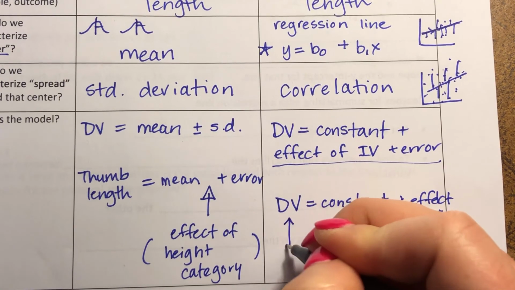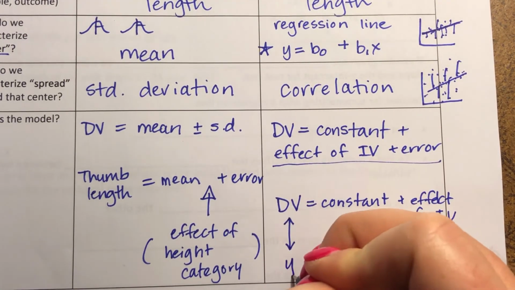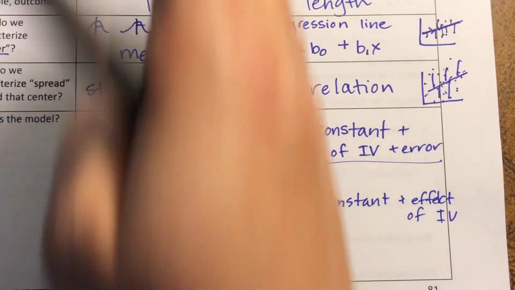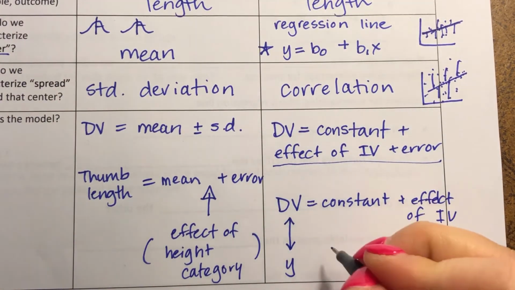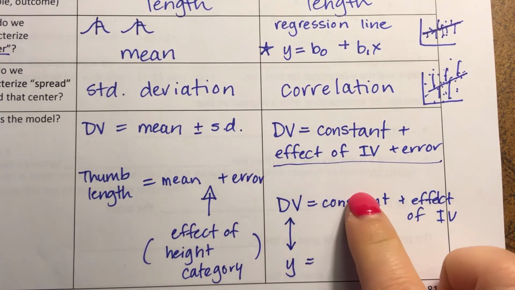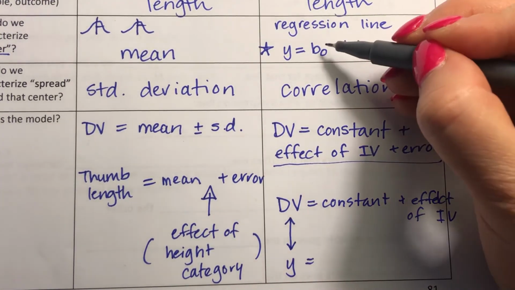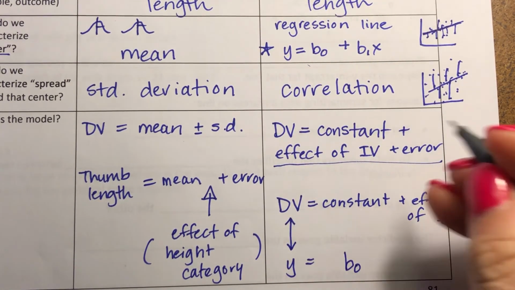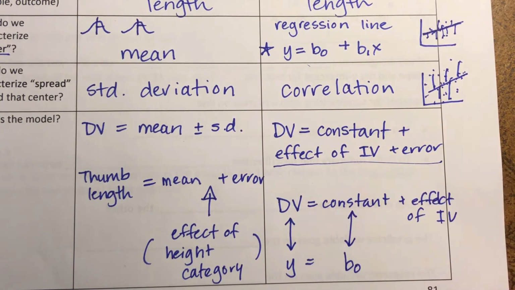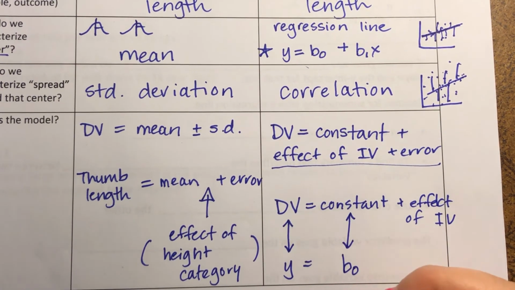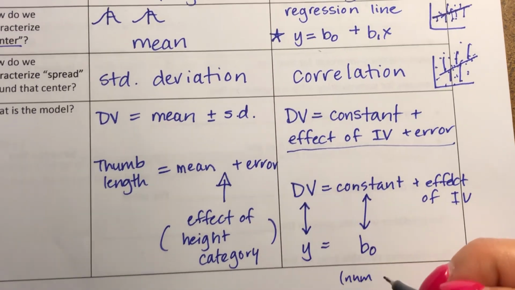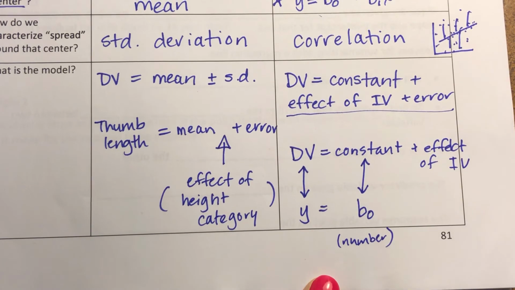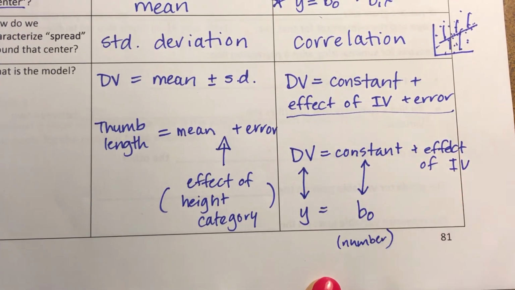So the dependent variable in the equation, we just refer to it as y, and it goes on the y or vertical up and down axis. Then we have equals some constant. This constant is the b naught, or b sub 0. So this is going to be a number in our equation that tells us that constant, and we'll talk more about what exactly that means in the next classwork.